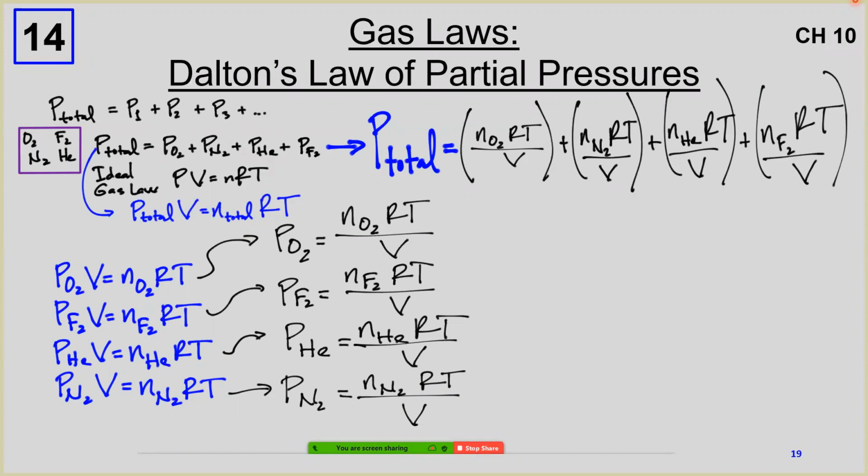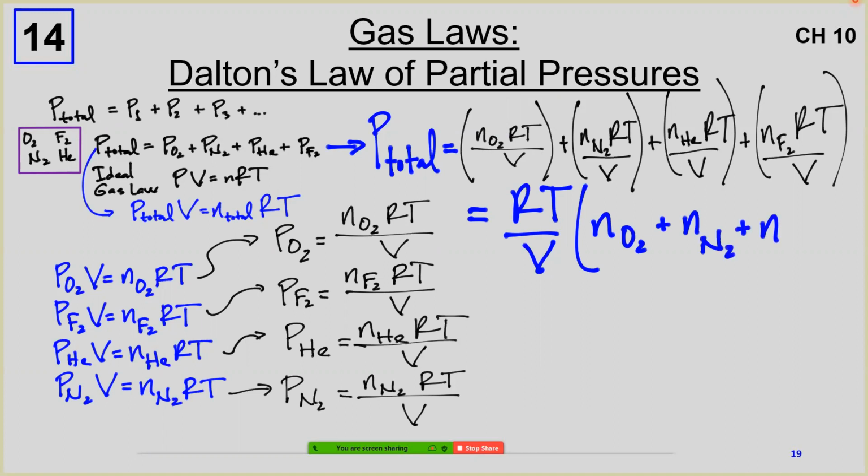All right, and we can even simplify this equation further by factoring out RT over V, right? Because they have the same RT divided by V here. So we can factor it out of the equation, RT over V. And all you've got to do now is add the number of moles basically. So that's number of moles of O2 plus number of moles of N2 plus number of moles of helium plus the number of moles of fluorine gas.